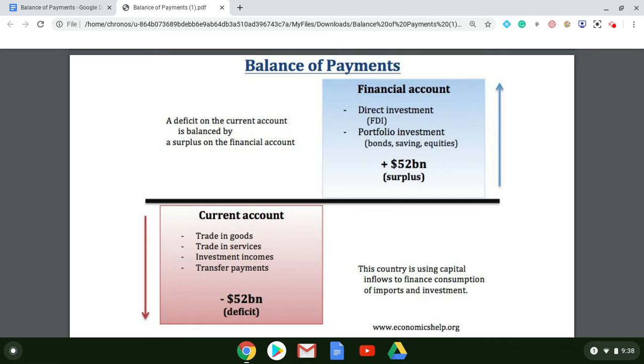It's kind of a portfolio or a balance sheet kind of thing here. So the idea is this: current account is more physical cash, physical goods or services that are moving in or out of a country. Exports minus imports. It says investment incomes.